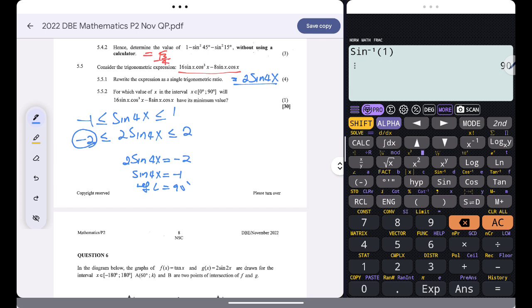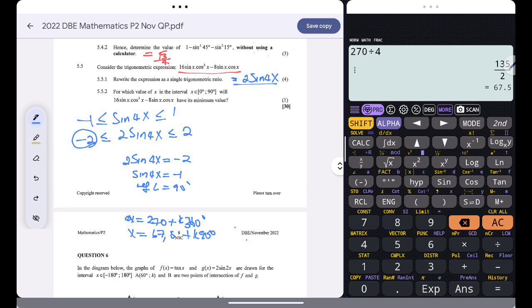Are you together? So we'll simply say 4x is equal to 270 plus k 360. So x is just divide both sides by 4. 270 divided by 4 is 67.5 plus k 90 degrees.